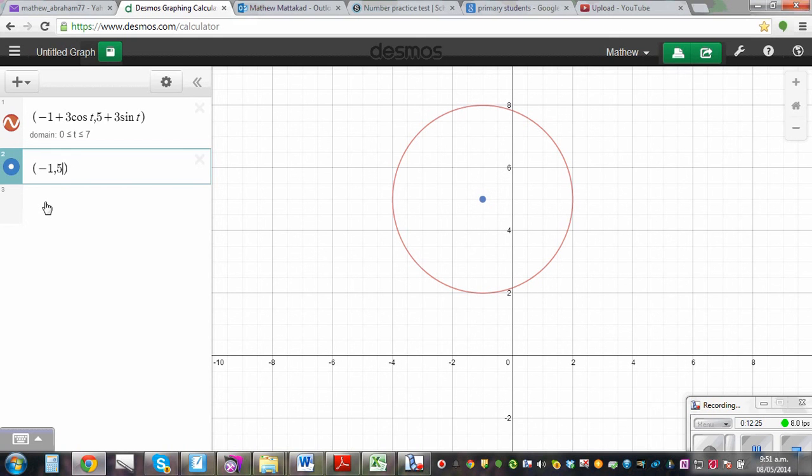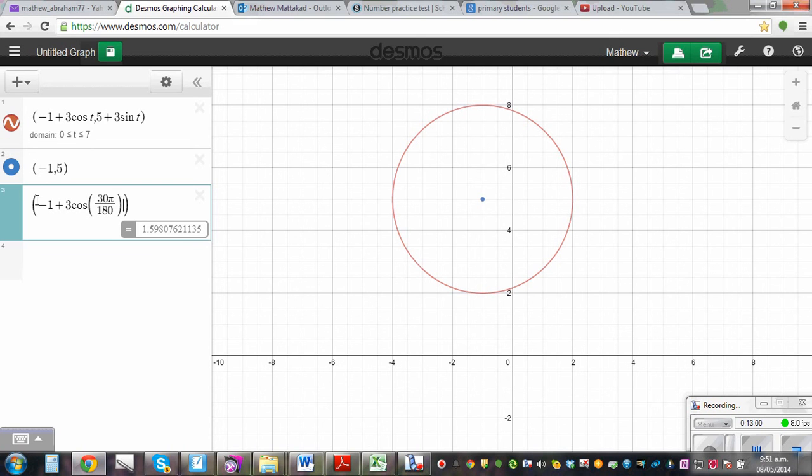Okay, now the question was, what's the x and y coordinate when the angle it has moved is 30 degrees? So this is how you can do it on Desmos. Bracket -1 plus 3 cos, put it in the bracket, 30 pi. If you just type in pi, it'll understand pi slash 180.